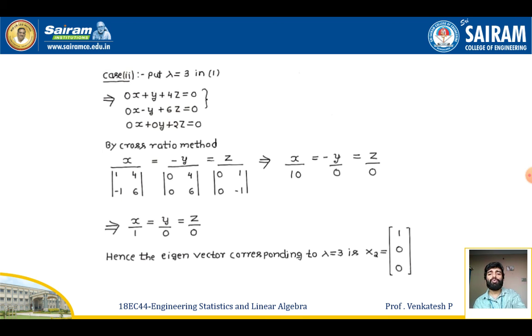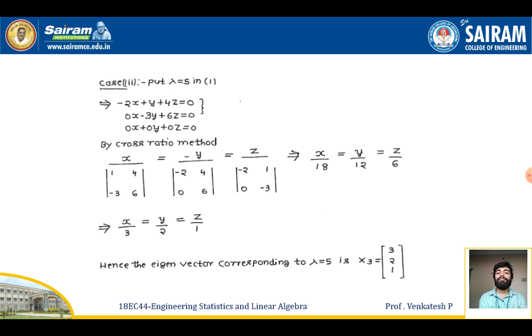Again, minus y divided by, skip the y column, that is 0 4, 0 6. And for z, skip the z column and take 0 1, 0 minus 1. On simplifying, I'll get x by 10, minus y by 0, z by 0. Taking 10 outside, the answer will be x by 1, y by 0, z by 0. The corresponding eigenvector for lambda equal to 3 is x2 equal to (1, 0, 0).